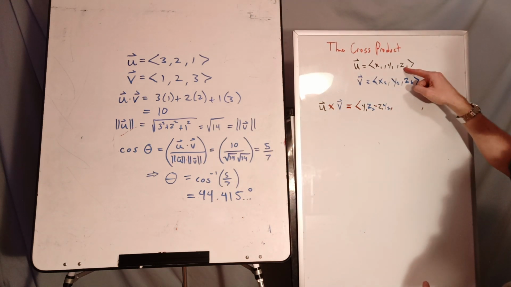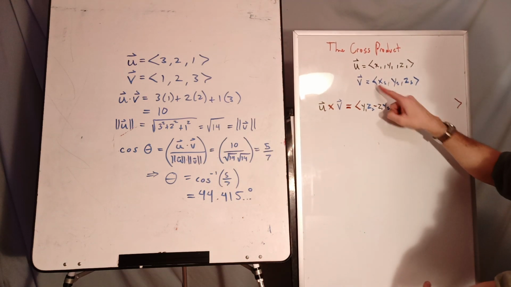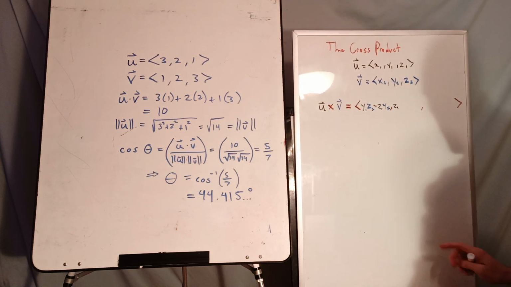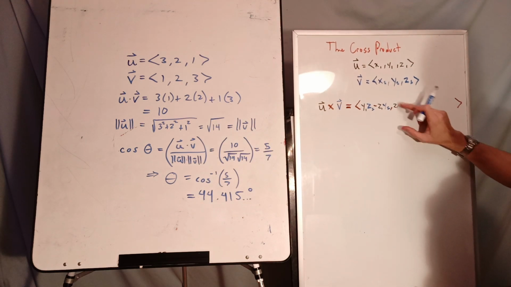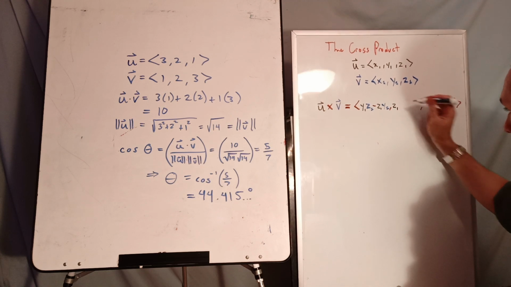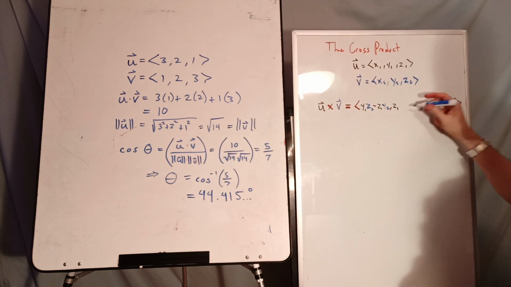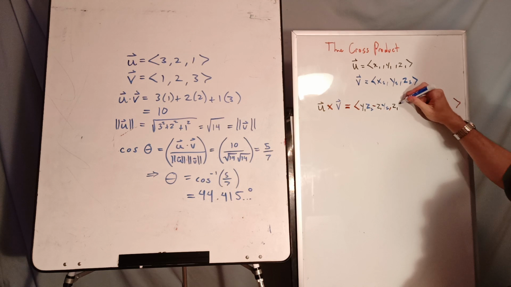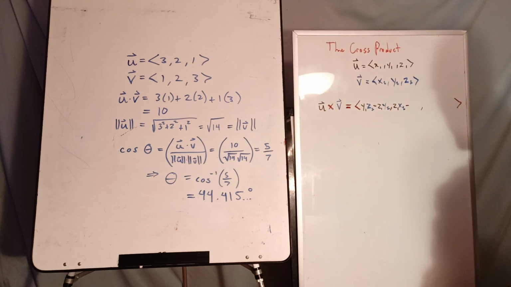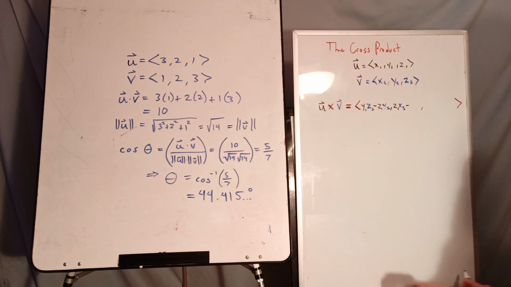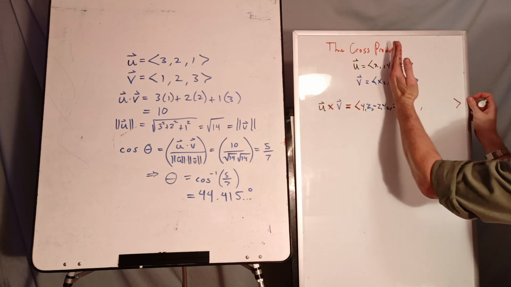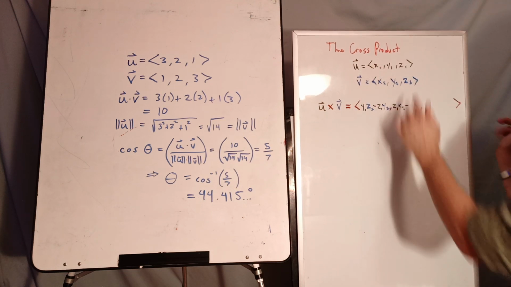We go z down to x2, so this is going to be z1 times x2, minus, and now we do the other diagonal. If we're doing y's, then we're doing x's and z's, right? We're omitting y, and we're going to do x1 times z2.